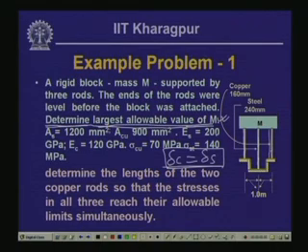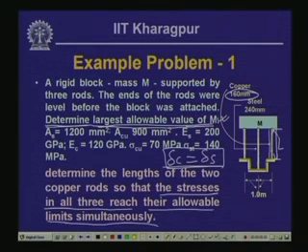Now, subsequently it is told that you need to determine the length of the two copper rods. We will have to find out the length of the two copper rods if it is different from 160, so that the stresses in all three reach their allowable limits simultaneously.